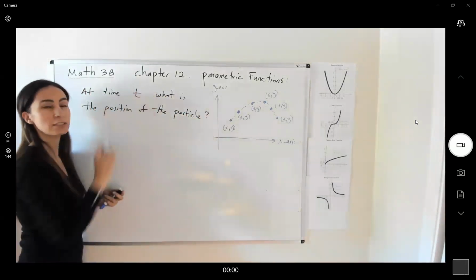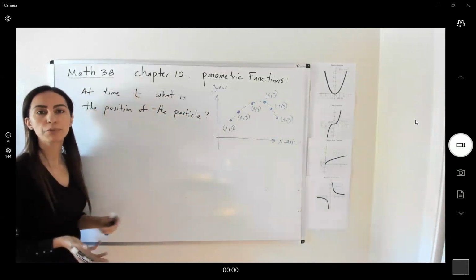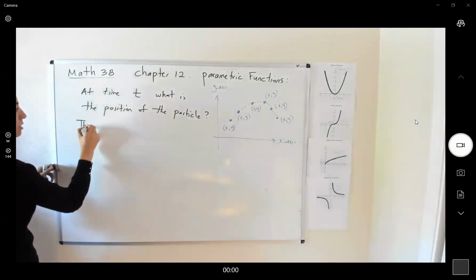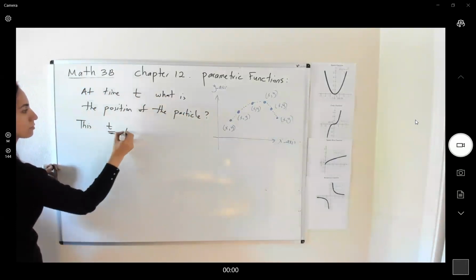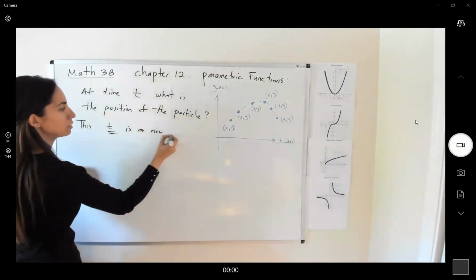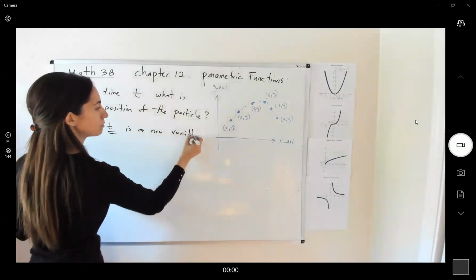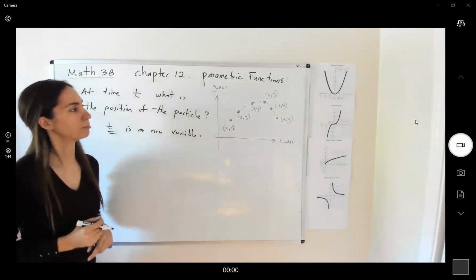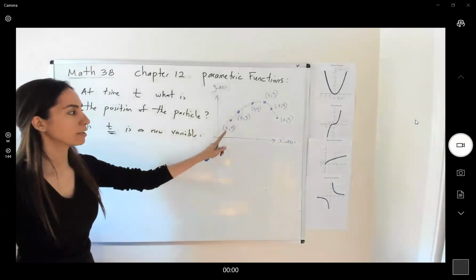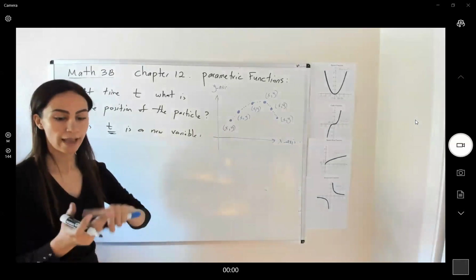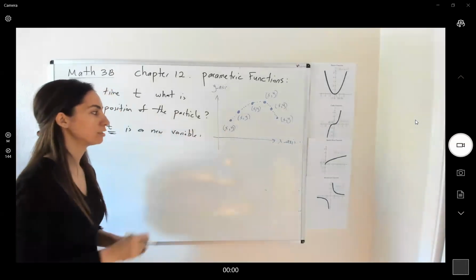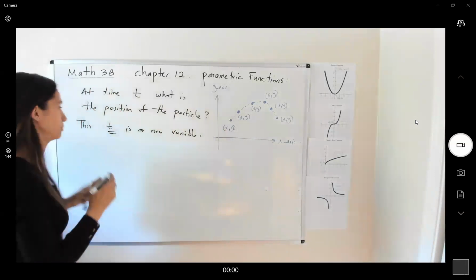We are actually defining a new parameter or a new variable. So this t is a new variable. So here's an idea. Why not define these two coordinates, x coordinate and y coordinate, to be functions of variable t?